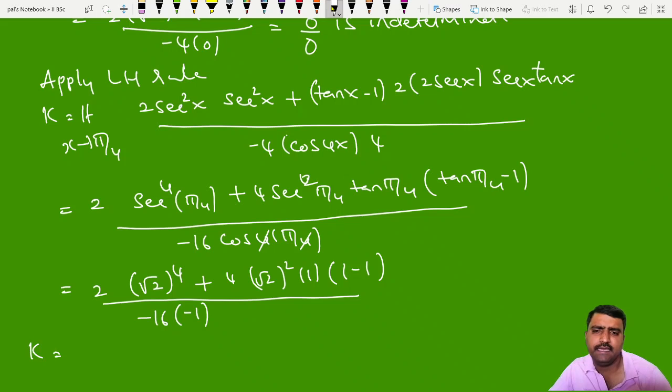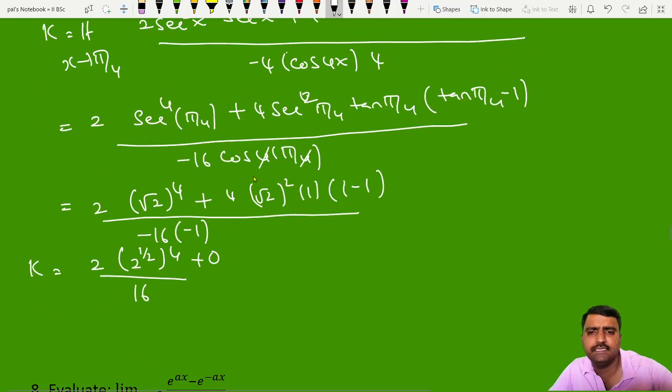So k is equal to 2 into, you see root 2 to the power 4 is root 2 into root 2 into root 2 into root 2, 4 times you have to multiply that. Or otherwise you write it as 2 to the power 1 by 2 to the power 4, plus 1 minus 1 becomes 0. This is 0. This divided by plus 16.